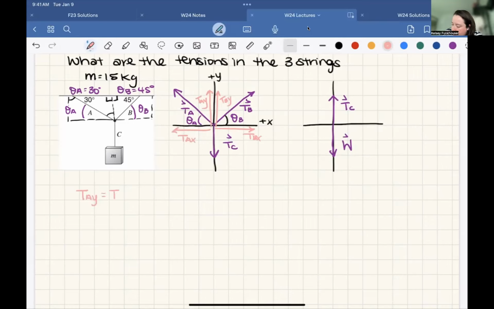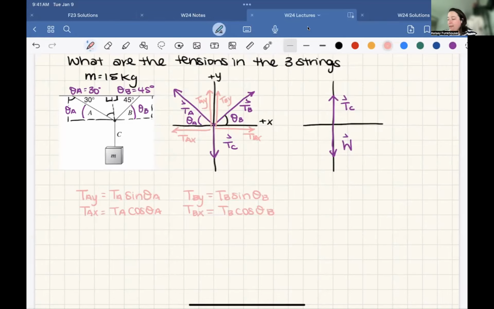So that's going to be sine, TA sine theta A. And then that means X is going to be cosine, TA cosine theta A. And then we can see that B is actually the same thing too, but it's that angle B. TB sine theta B and TB cosine theta B.